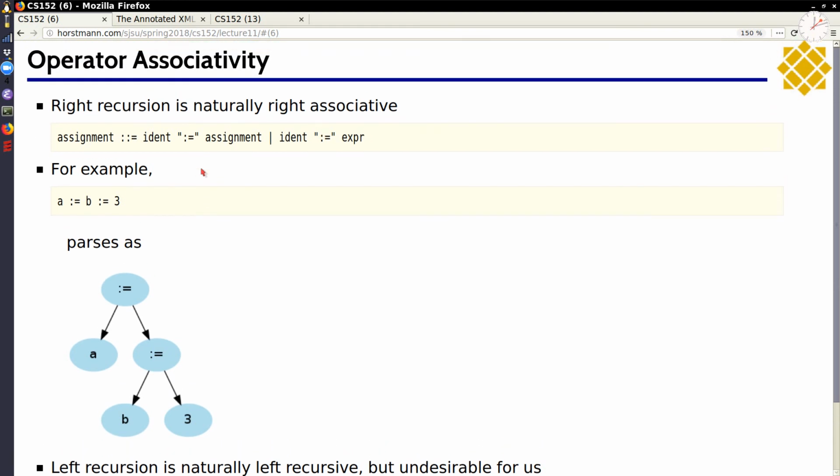So that means now with any operator, you know how to deal with operator precedence and operator associativity. Now, most operators are, of course, left associative, plus, minus, times, and so on. Which operator do you think you might be called upon to implement that is right associative?